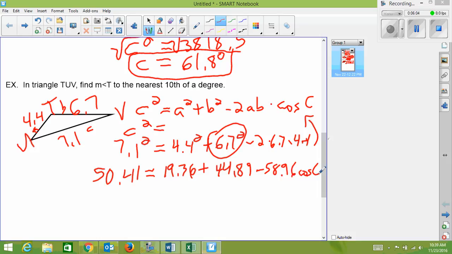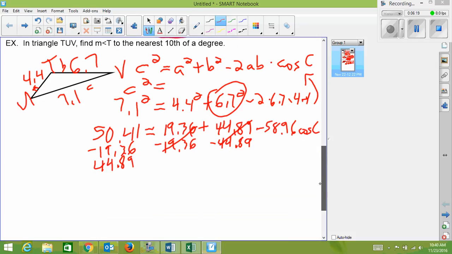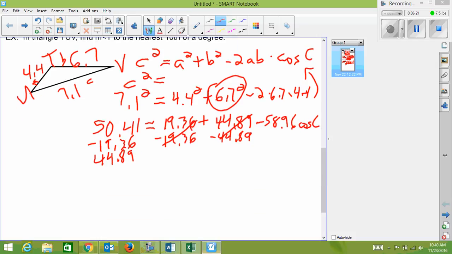So I can go ahead and subtract this and this, move it to the other side. I'm going to do that all at once. So subtract this and this. Gives me a negative 13.84 equals, I have a negative 58.96 times cosine c still over there.